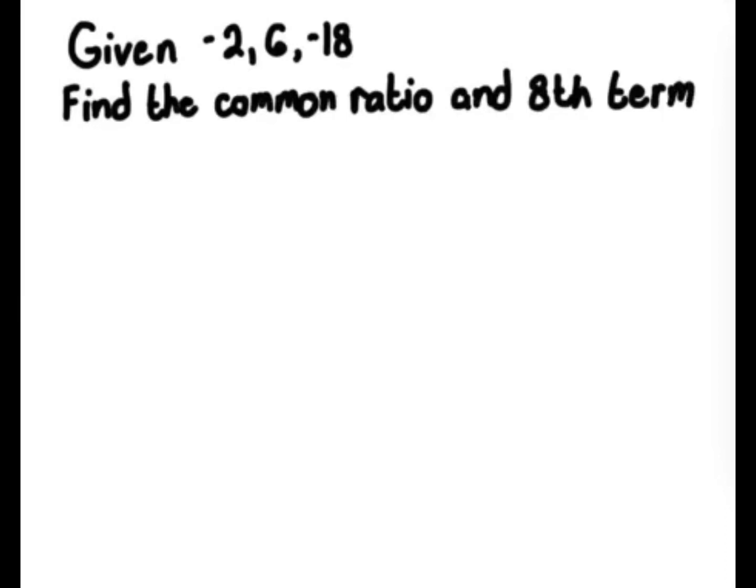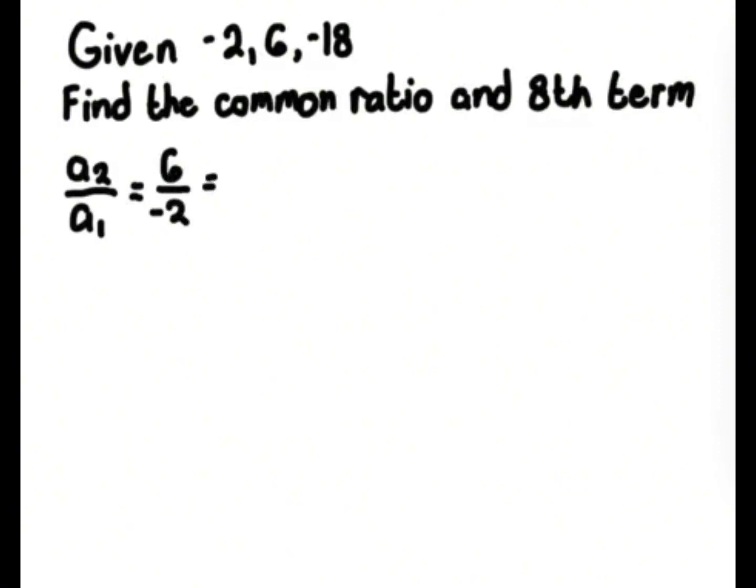To find the common ratio in the geometric sequence, we simply divide each number by its preceding term in the sequence. For example, a sub 2 or second term divided by a sub 1 or the first term is equal to r or the common ratio. In our sequence, 6 is the second term and -2 is the first term.